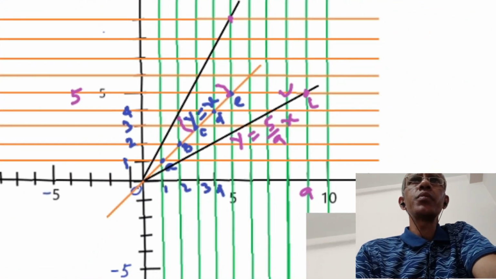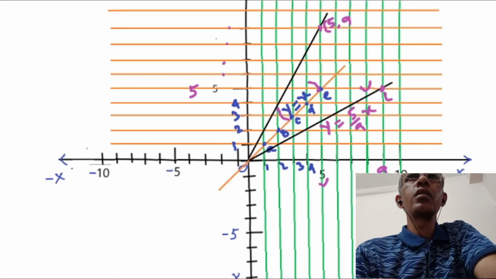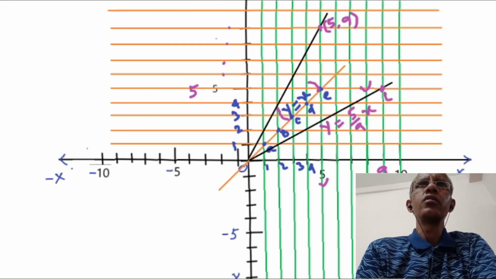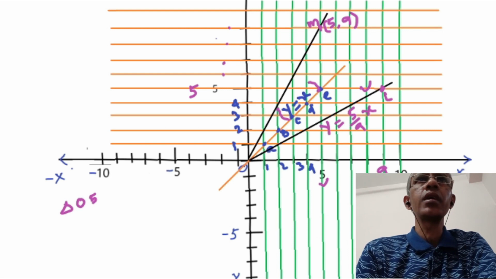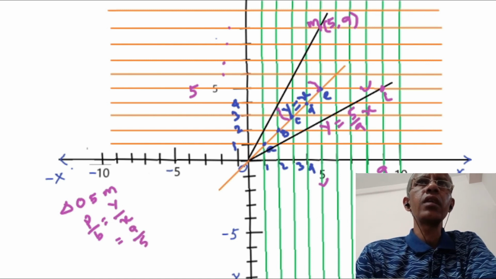and at this point the x-axis is 5, so it is 5, 9. So for the triangle 0, 5 and M, the ratio of the perpendicular and the base is equal to y by x, that will be equal to 9 by 5.